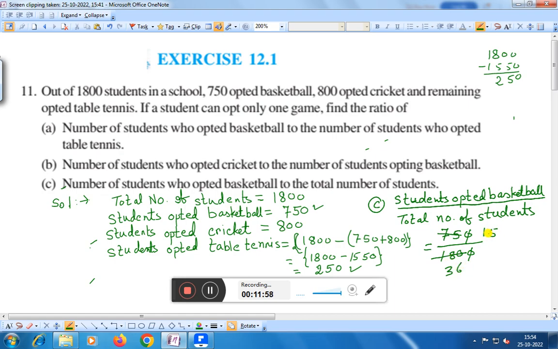Then again we divide by 3, and we get 5 by 12. The ratio will be 5 is to 12. Therefore, the ratio of the number of students who opted basketball to the total number of students is 5 is to 12. This is the solution of question number 11.